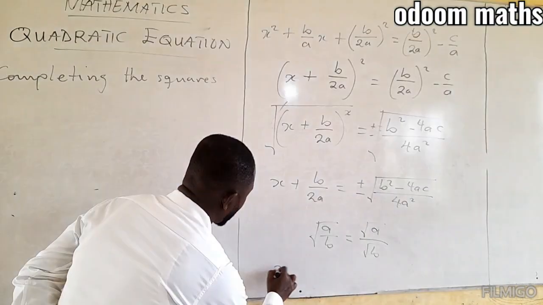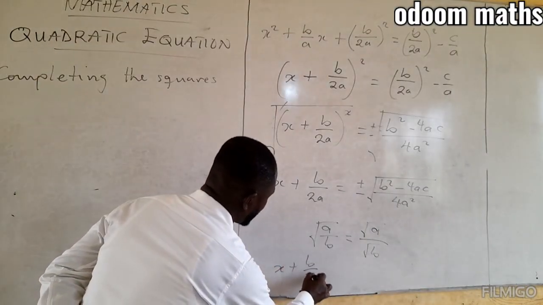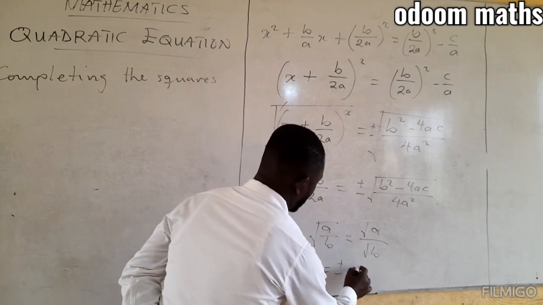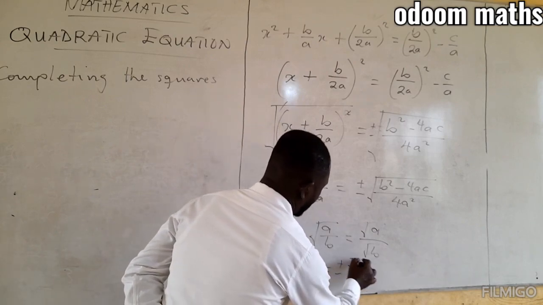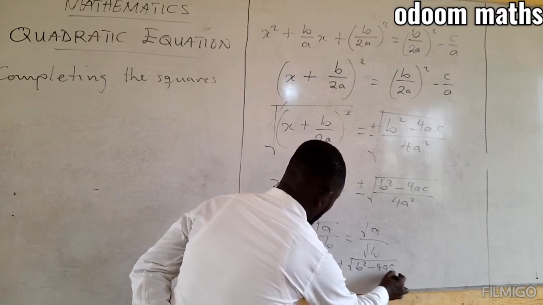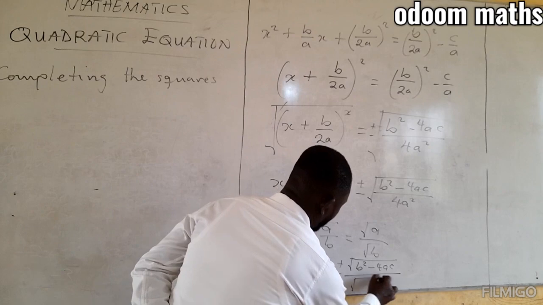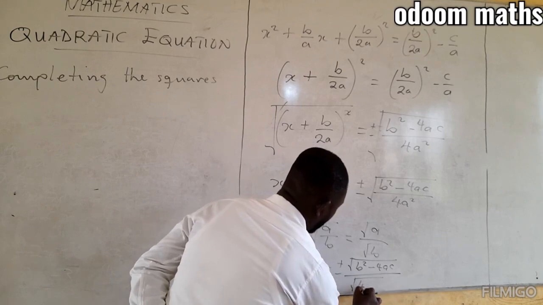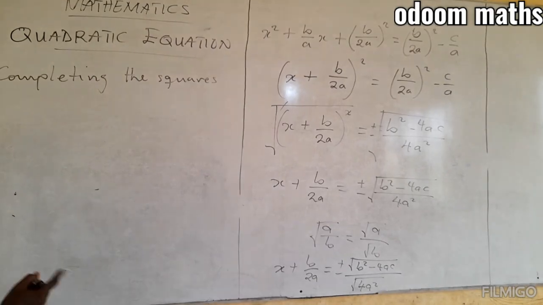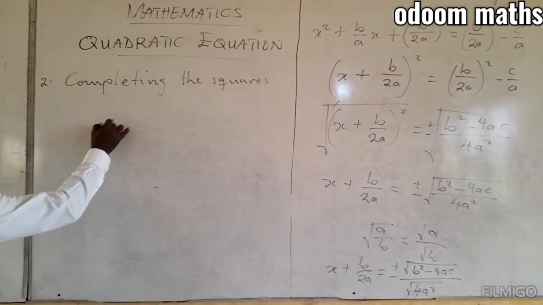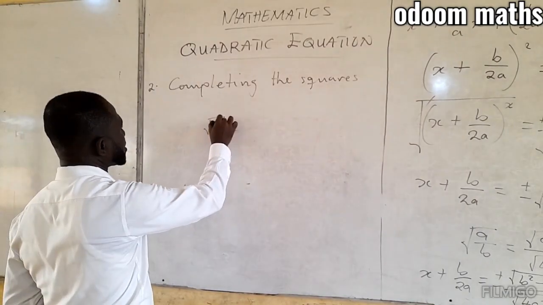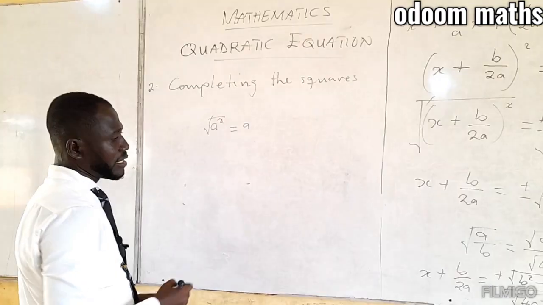In this case, our x plus b over 2a becomes plus and minus square root of b squared minus 4ac, then over square root of 4a squared. Okay, and in indices again, root of a squared is the same as a.